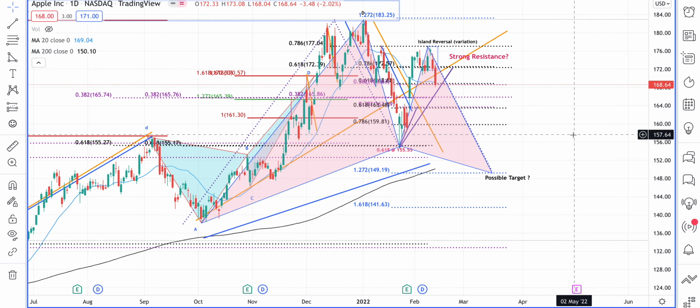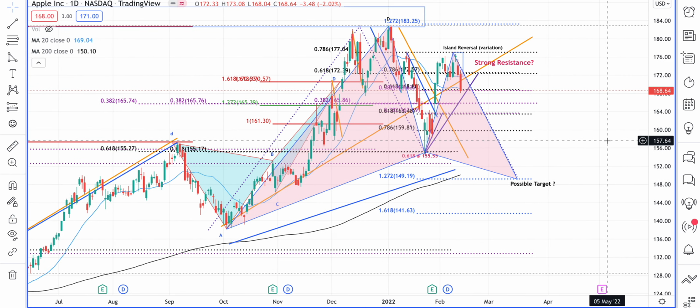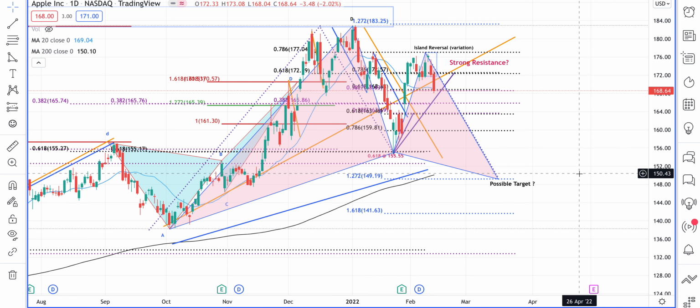So that's what we are looking at in the stock of Apple.